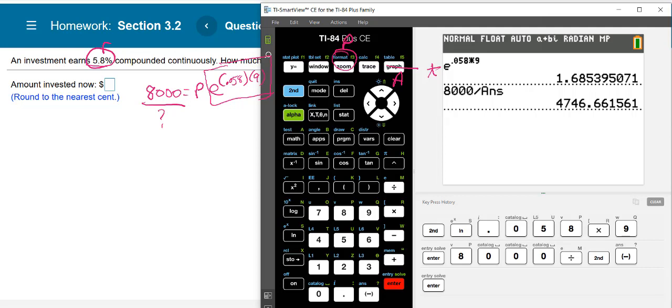Rounded to 2 decimal places, that would be 4,746.66.